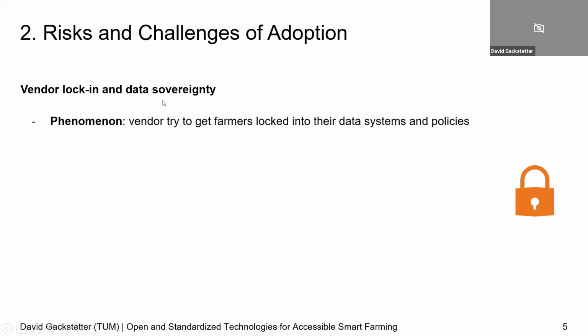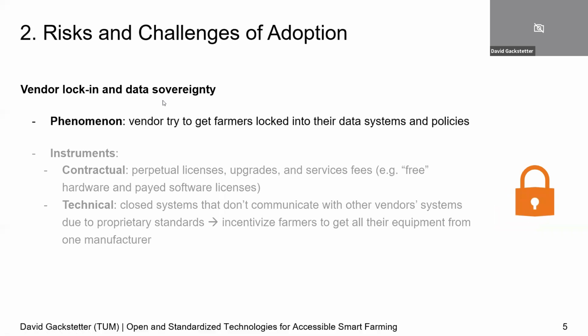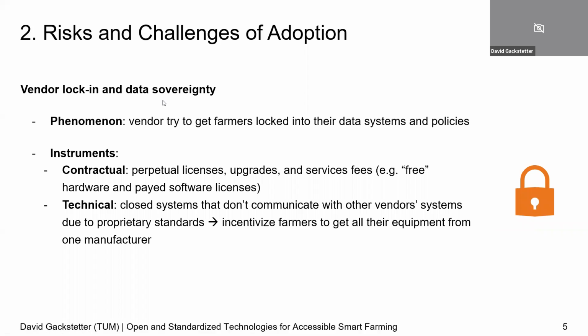Here we talk about a manufacturer which tries to lock a farmer into their system and policies by different instruments. This can be on a contractual level, using licenses and connected upgrades and service fees, which might run for several years and lock a farmer into this product.